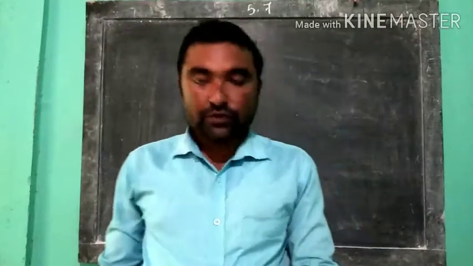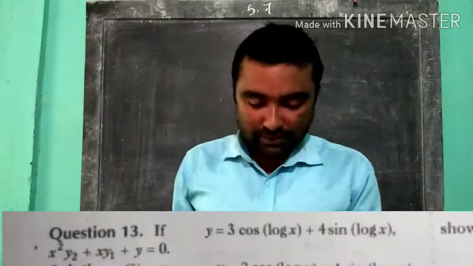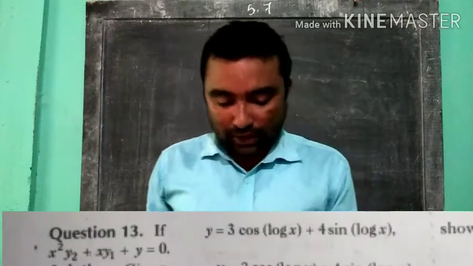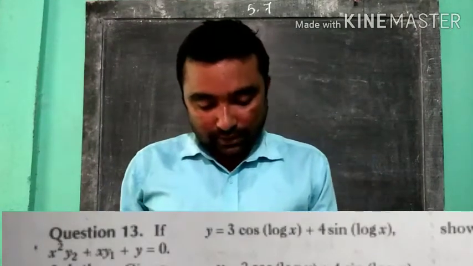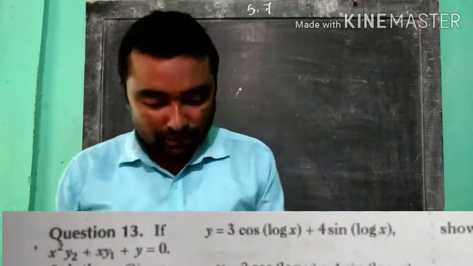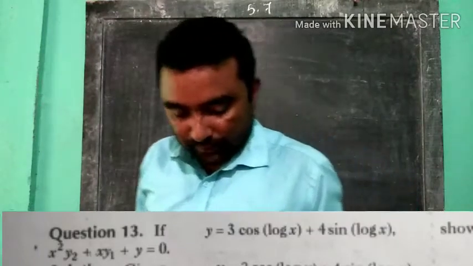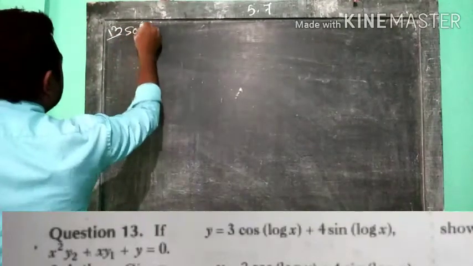Now we are going to solve question number 13. Question number 13 is: if y equals 3 cos log x plus 4 sin log x, show that x square y2 plus x y1 plus y equals 0. So first, how to solve question number 13?